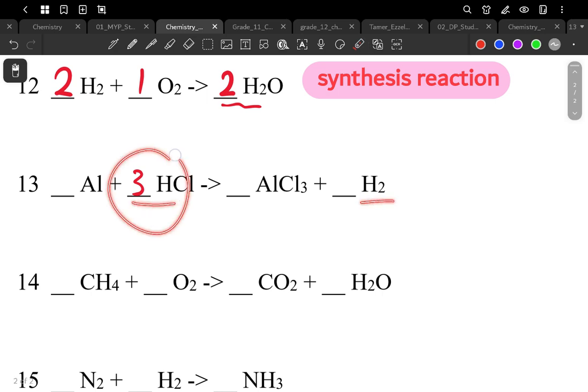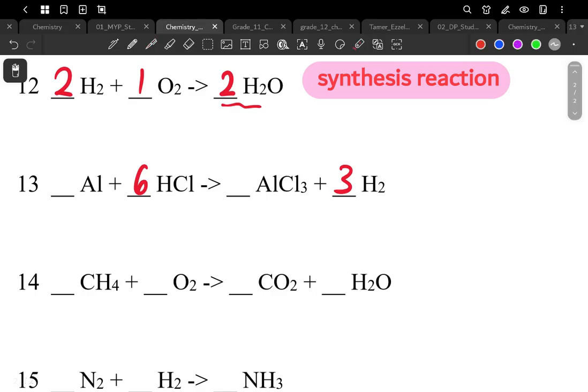As I told you before, whenever you have an odd number and an even number, raise both of them to the first common factor, which is 6 in this case. So I'm going to multiply here by 2 and there by 3. If you multiply 3 by 2, it will be 6, and I will multiply here by 3, it's going to be 6.